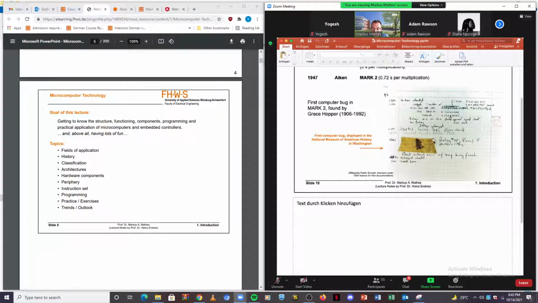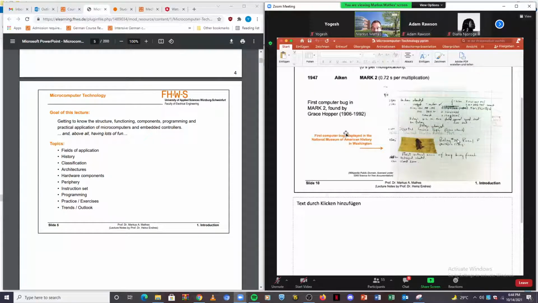At this position where the relay and the panel F is used, there was a bug, and this bug has been marked. This example is so famous. You can see this in the National Museum of American History in Washington. So this sheet of paper with the algorithm, and posted with it, here is the bug, you can see in the National Museum.